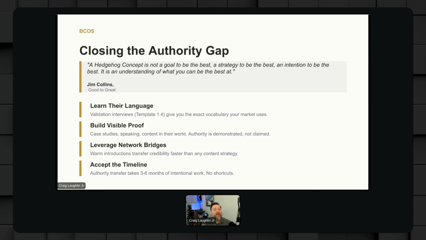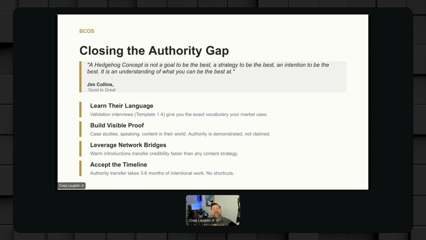Case studies from early engagements, even pro bono ones. Speaking at events where your target buyers gather, publishing content that addresses their specific challenges. Third, leverage network bridges. Almost every coach has someone in their existing network who can open a door for them. Those warm introductions transfer credibility faster than any content strategy because trust is transitive.